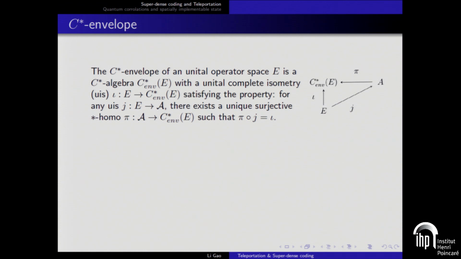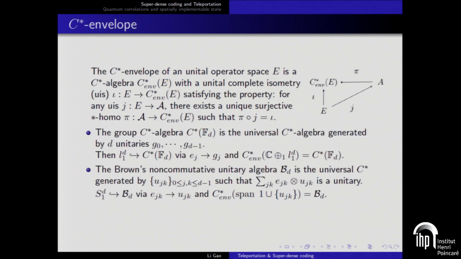For this notion of C-star envelope, we actually know the correspondence for the L1 D square and the trace class. Recall that the group C-star algebra of the free group of D generators is basically the universal C-star algebra generated by D unitaries.